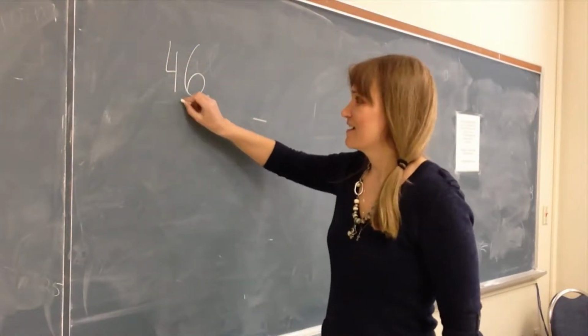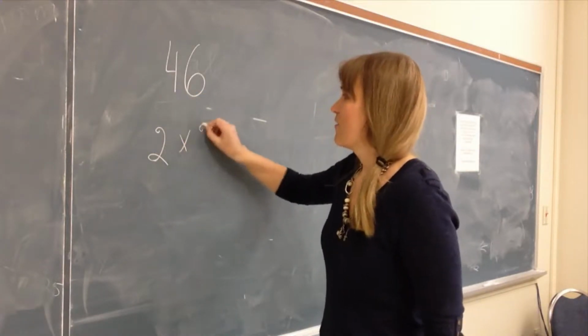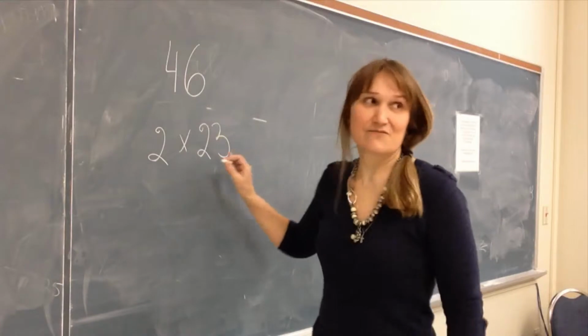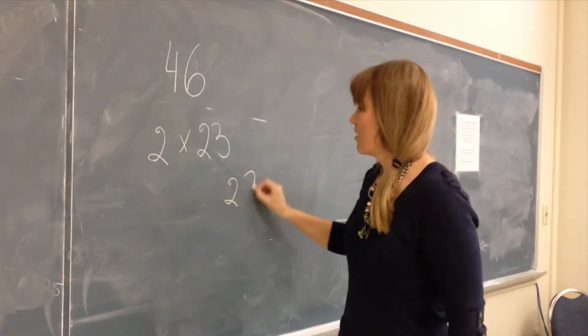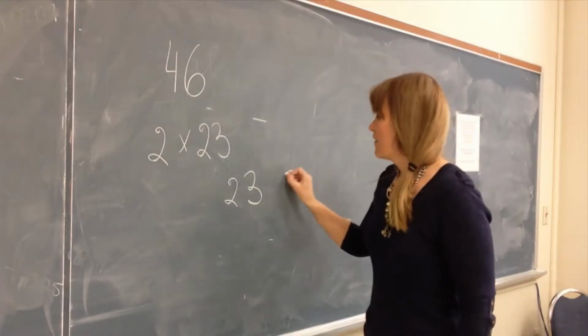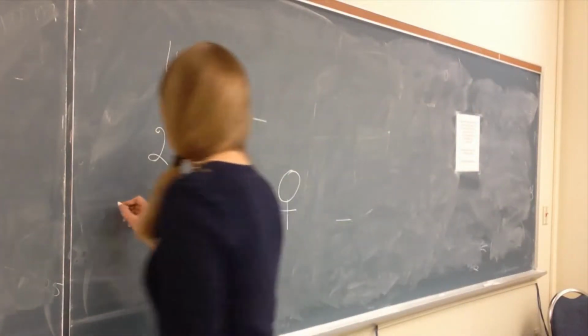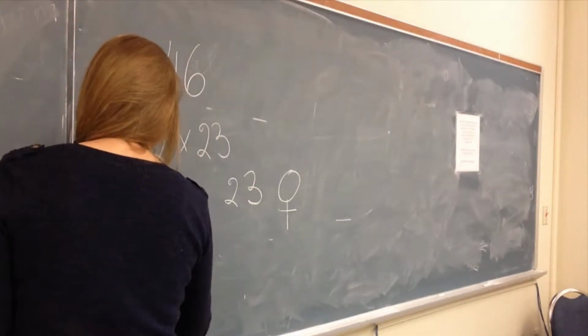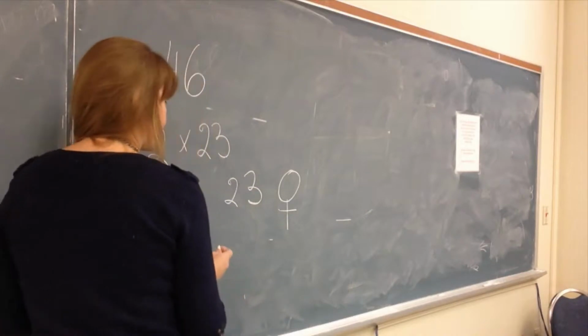And there are two sets of 23 different chromosomes. So 23 chromosomes would come from your mother, and 23 chromosomes will come from your father.